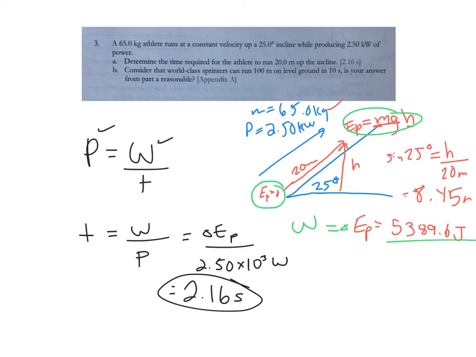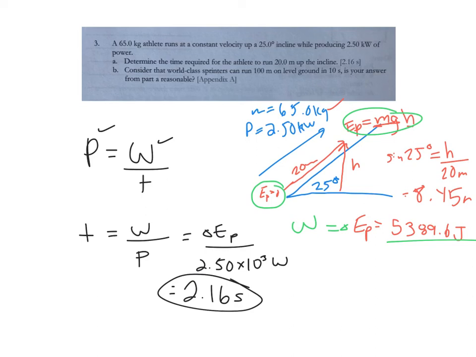So here we go. Consider the world-class sprinters can run 100 meters on level ground in 10 seconds. Is your answer from part A reasonable? So this is 20 meters. So 20 meters is that many seconds.